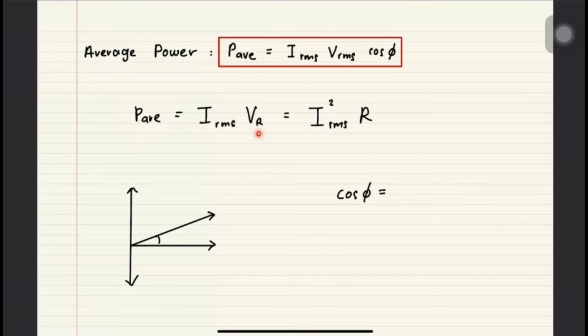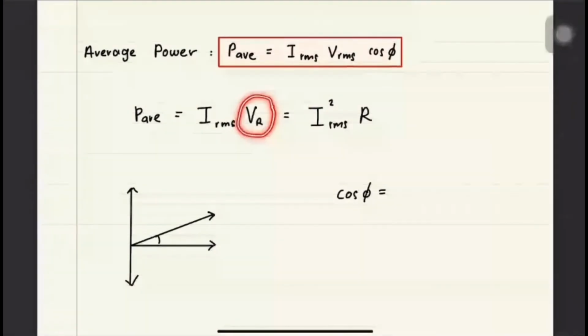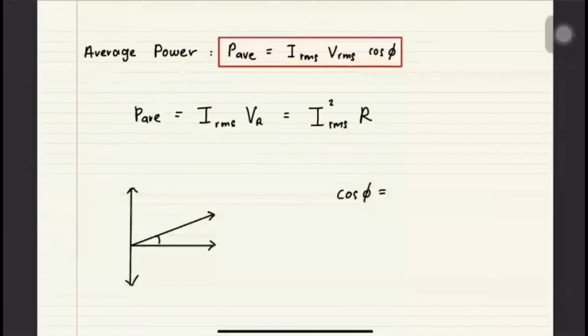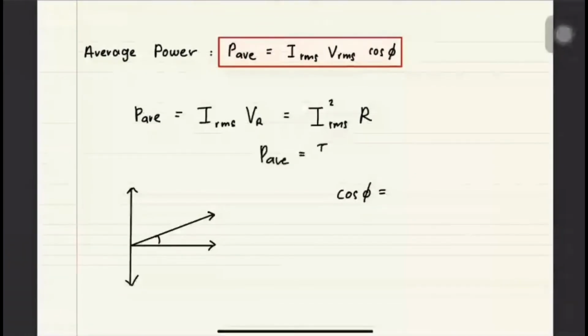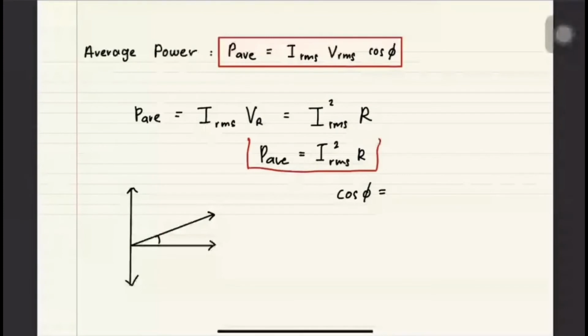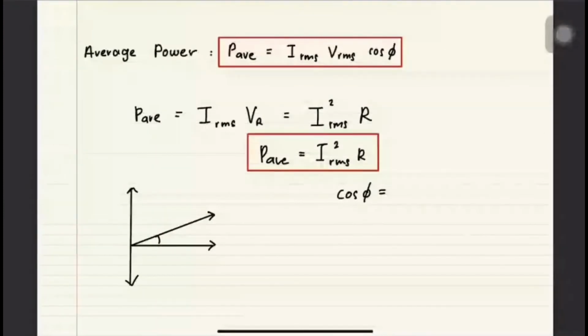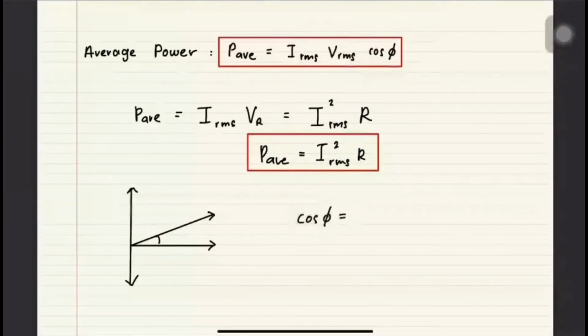If I substitute VR with Ohm's law, V equals IR, then I will get I squared R. Most of the time, I like my students to use P average equals I squared RMS R, because with this formula you don't have to use cos phi, since students often forget cos phi. But if you want to use the other formula, no problem.